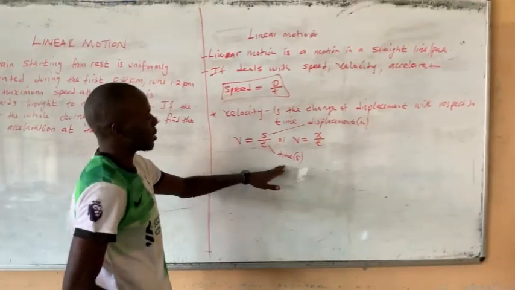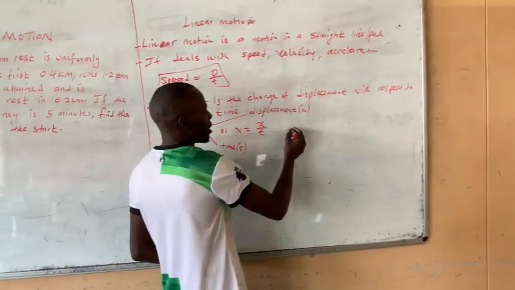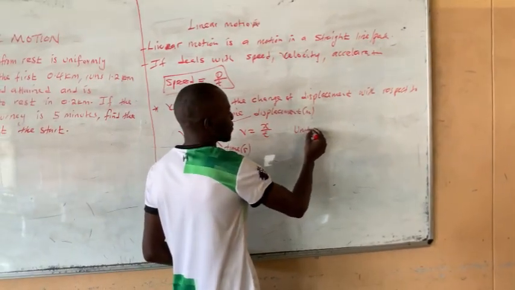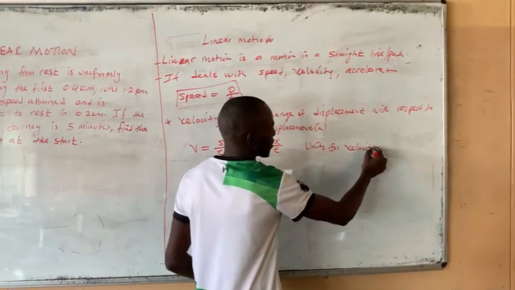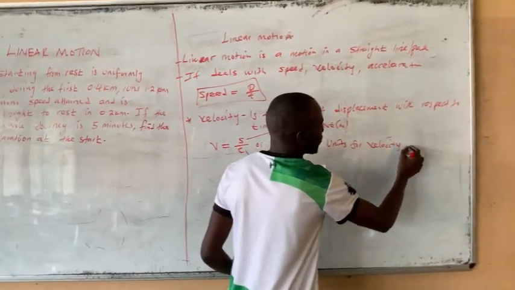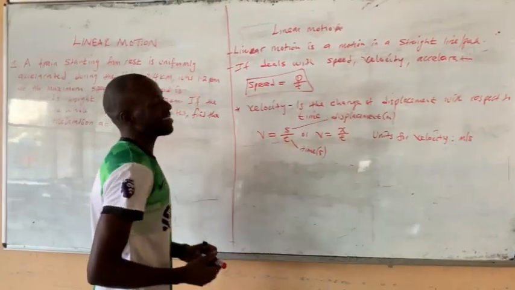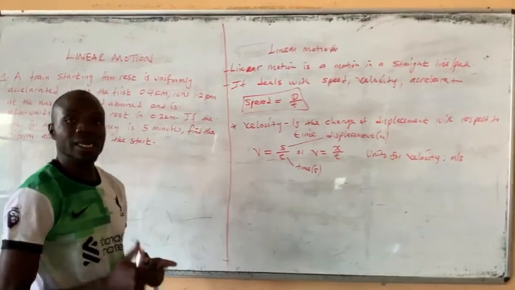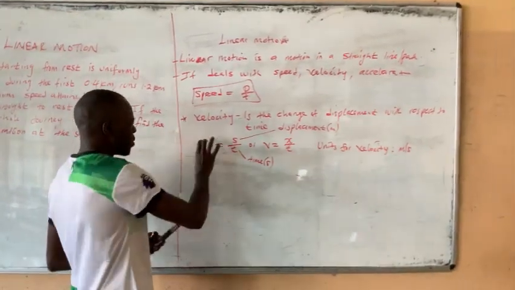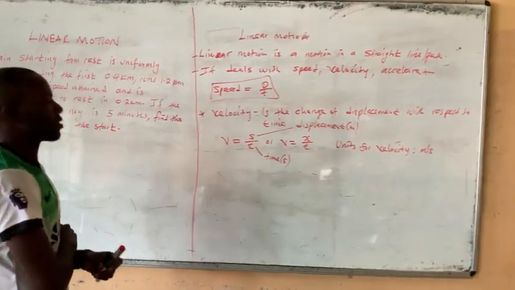So the unit for velocity is meter per second. Velocity is measured in meters per second.